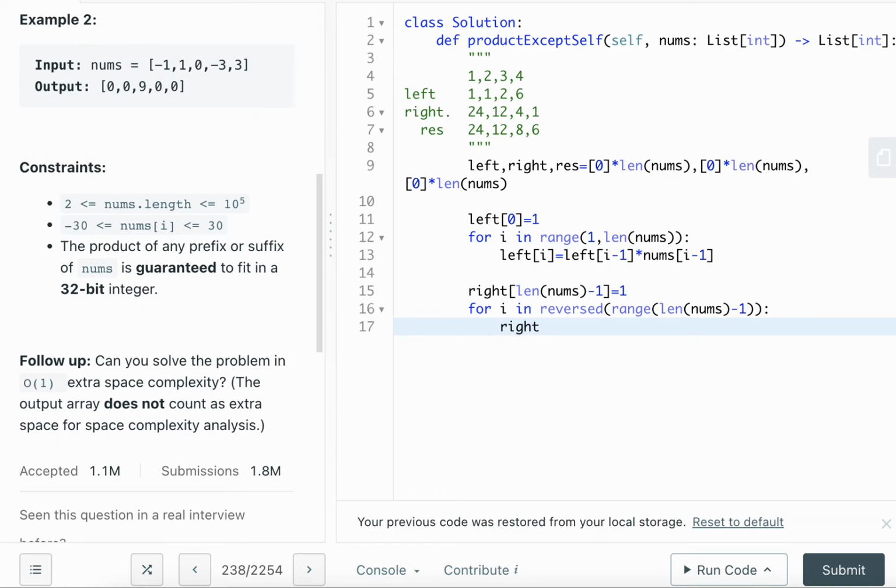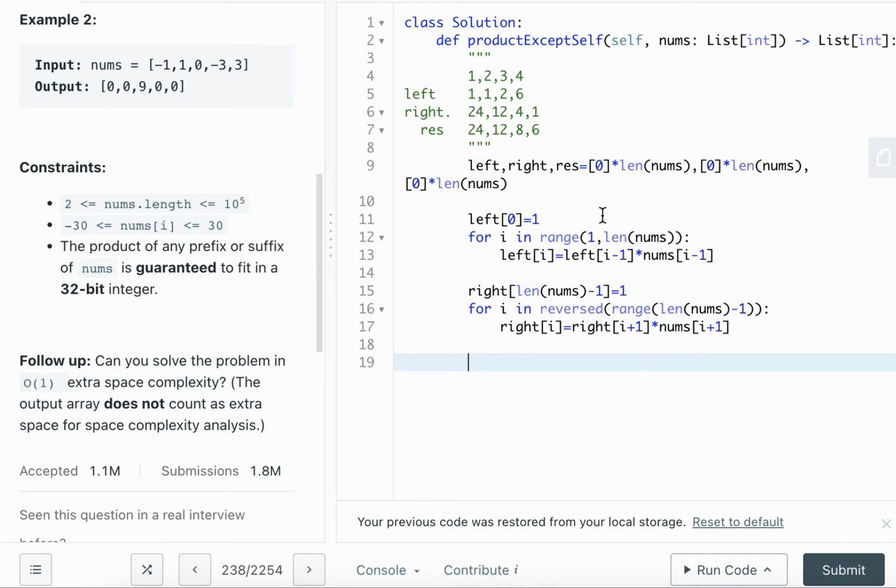So the right array's i equals right array's i plus 1, basically the right side number, multiplied by nums i plus 1. So that's how we calculate it. 1 is 1 at the beginning, and then 4 is 4 multiplied by 1, which is 4, right? That's how we calculate it. That's the right side of the array.